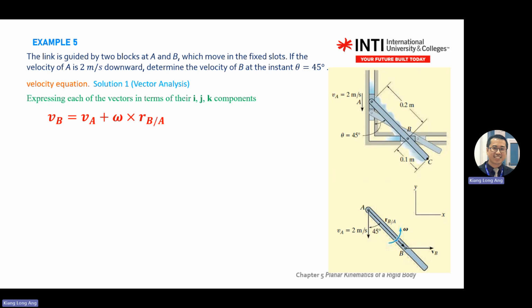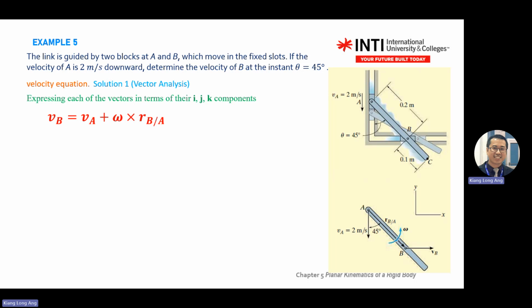Okay, you want to find this diagram. So you want to focus on B, relative to A. So you write this, and the direction tells you this is R_B from A.